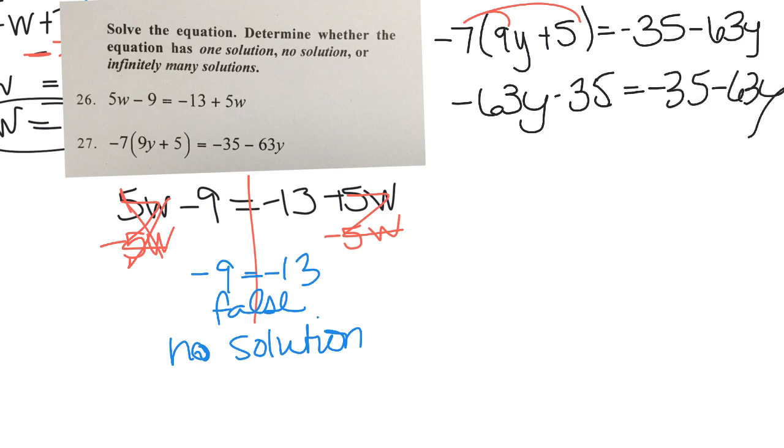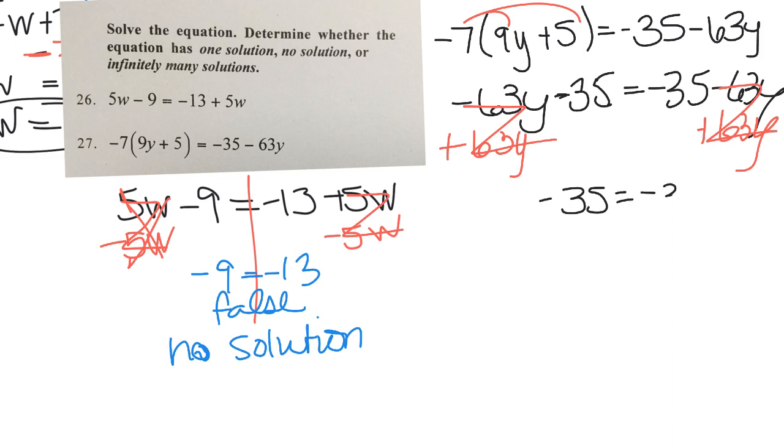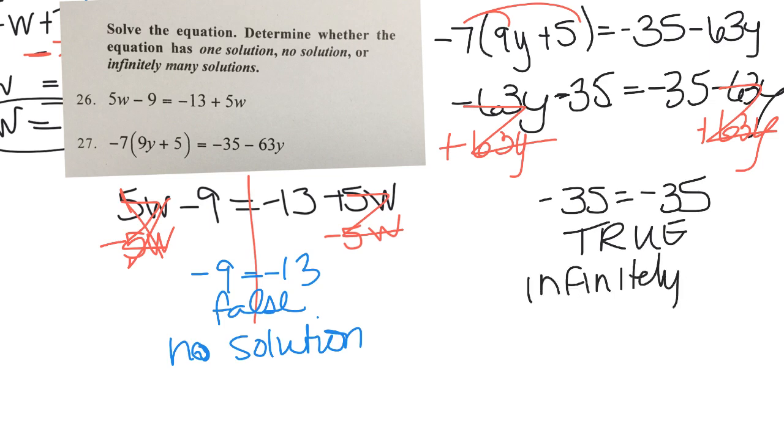Looks like both sides of the equal sign are the same. So if I add my 63y, these zero out, and we're left with negative 35 equals negative 35, which is true. And that means it's infinitely many solutions.